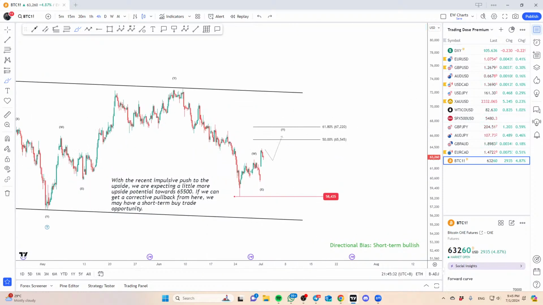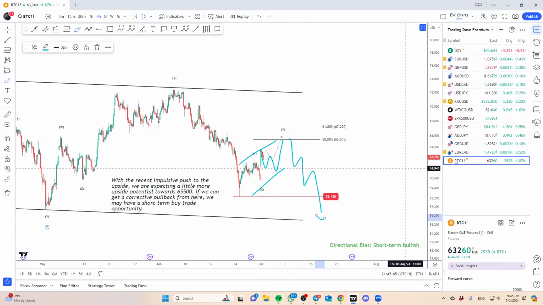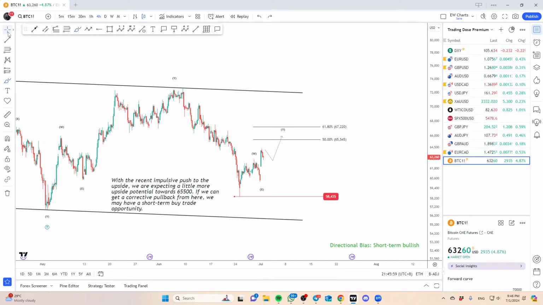Okay, so for me, potentially I would just be a little bit cautious on the upside. But if you can get this kind of structure, then that gives us more conviction that short term the market may make another push to the downside first. So that's the take on it. Yeah, so those are the views that I have.